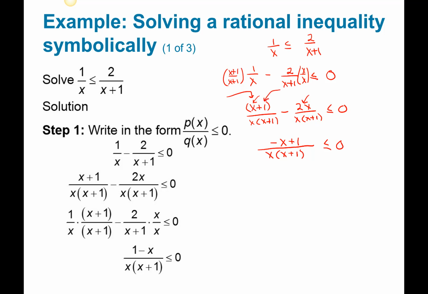Now, here's where the tricky part comes in. Just like before, we're going to put down a number line. And there are two places that we want to note on this number line. The first place we want to note is where does the numerator equal 0? The second place we want to note is where does the denominator equal 0?